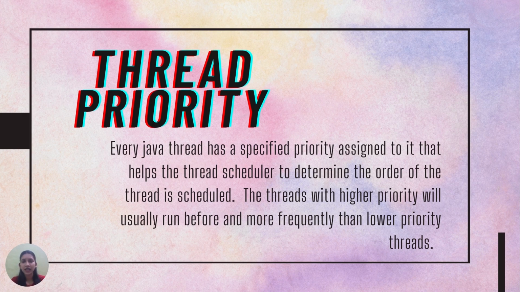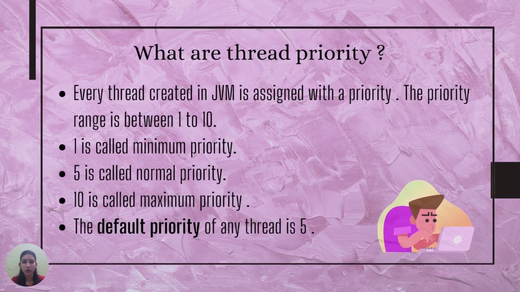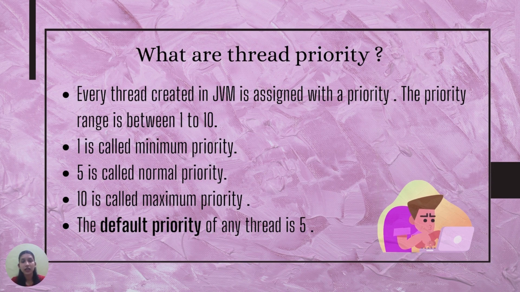Every thread created in the Java Virtual Machine is assigned a priority. The priority ranges from numerical 1 to 10. 1 is called the minimum priority, 10 is called the maximum, while 5 is the normal priority.